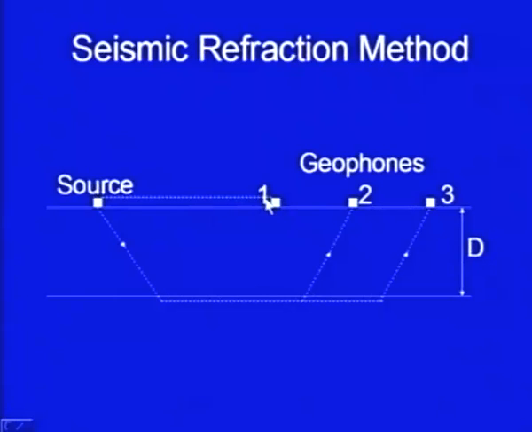These are geophones, geophone 1, 2, 3 and so on. So, the waves will get refracted. If there is some other boundary here, they get refracted. So, geophones will be getting these waves from the source. Some will be coming directly, another one will be coming from the refraction.